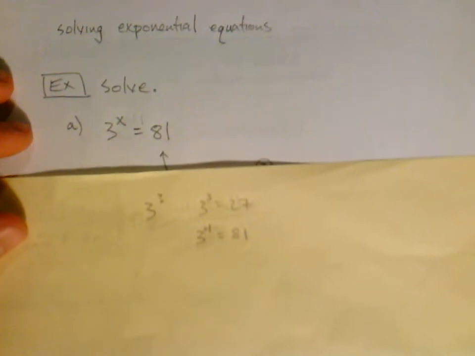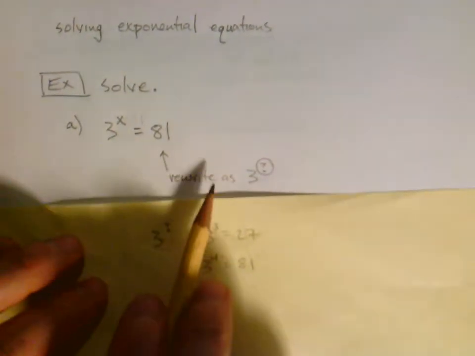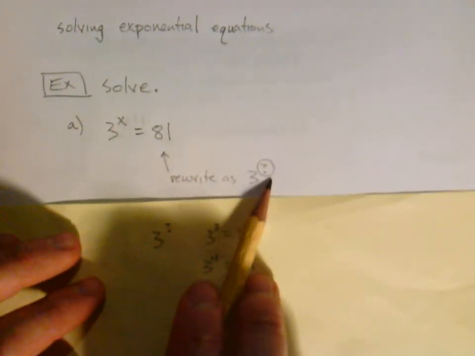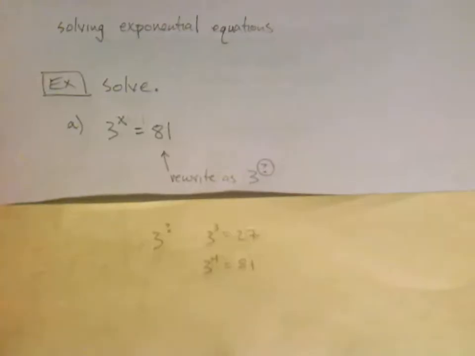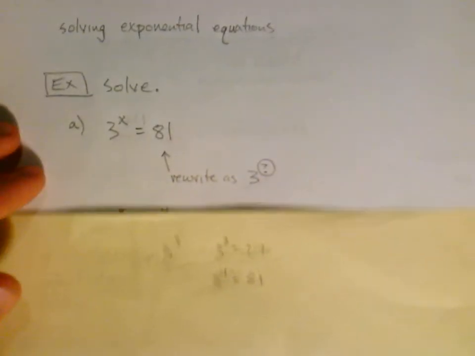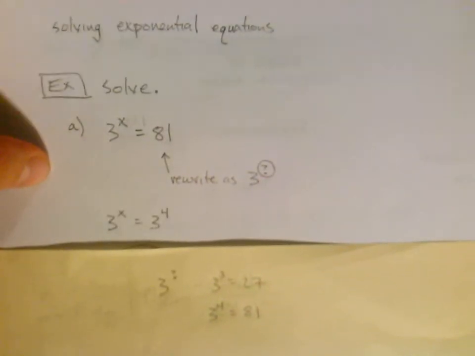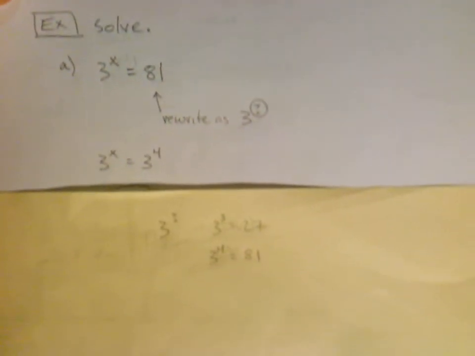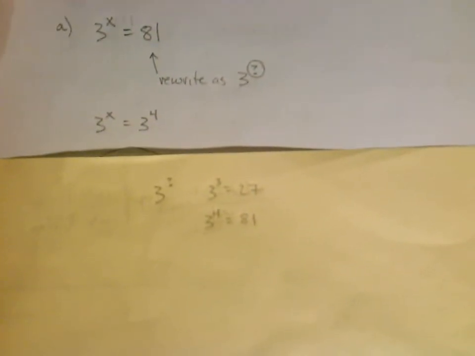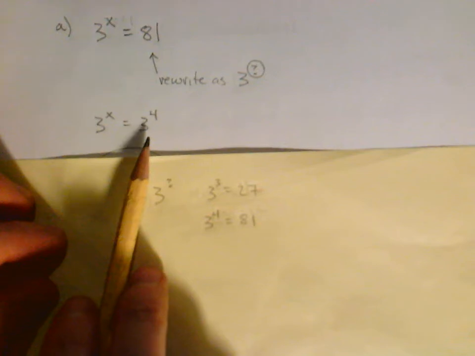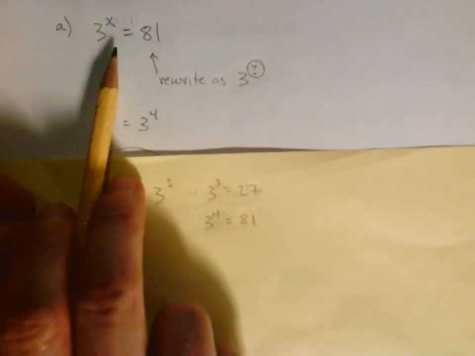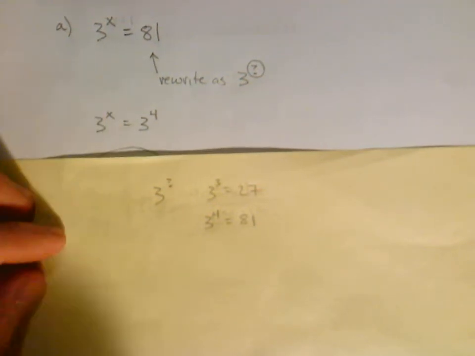So here's my note. I'm going to rewrite 81 as 3 to the something, and there I'm just going to guess my way to it. So I'm saying, okay, 81 I'm going to rewrite as 3 to the fourth. And this 3 to the x just gets copied over.